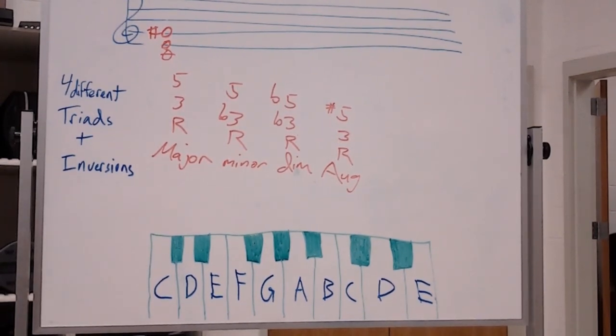Major, C, E, G, minor, C, E flat, G, diminished, C, E flat, G flat, and augmented, C, E, G sharp. Okay. In the next video I'm going to explain how these chords are used in major and minor keys.